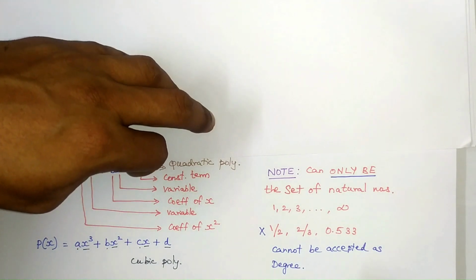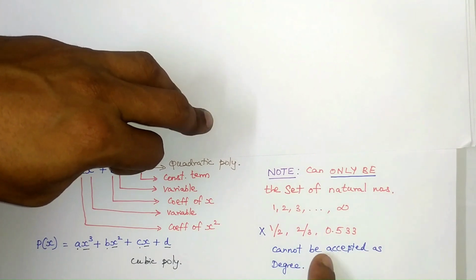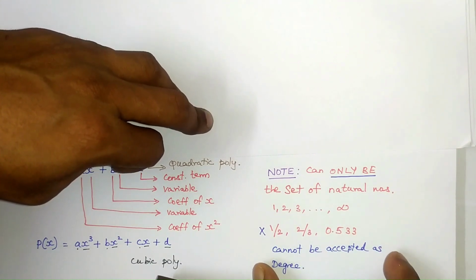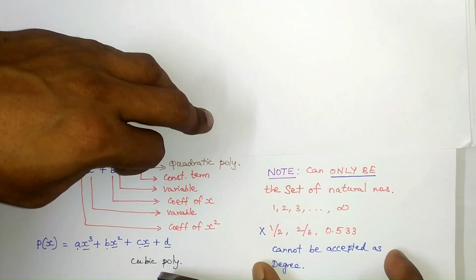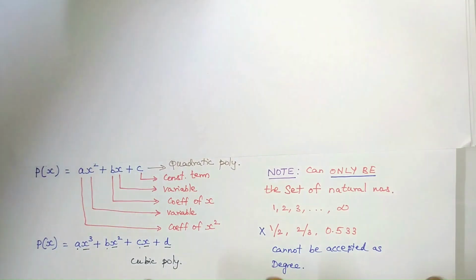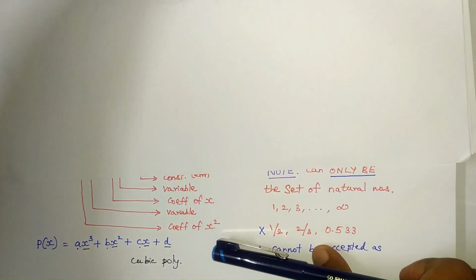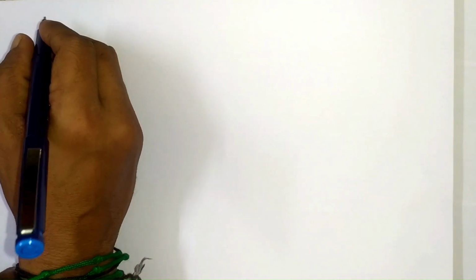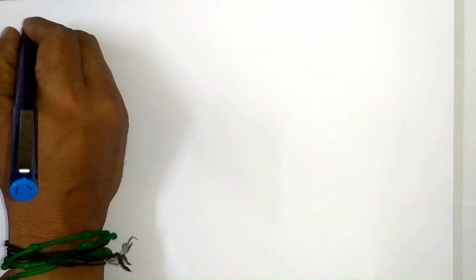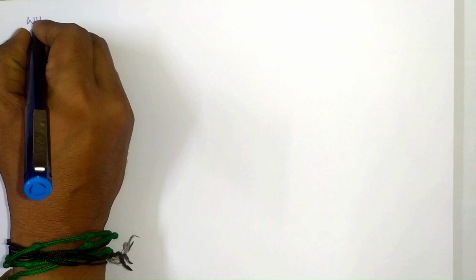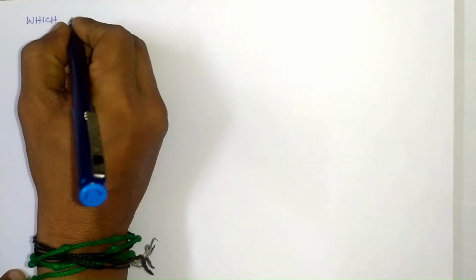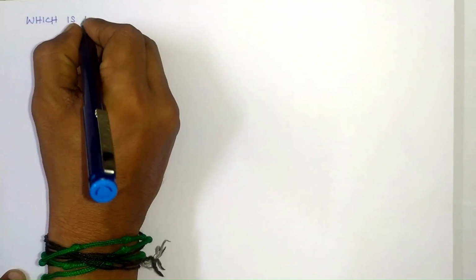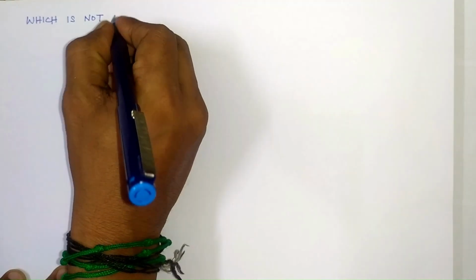Okay, so we have to understand this note perfectly. Now there is a question of what cannot be accepted as a polynomial, which is not a polynomial.